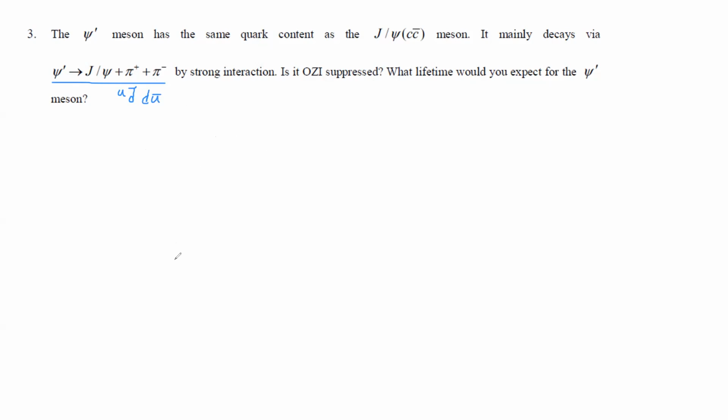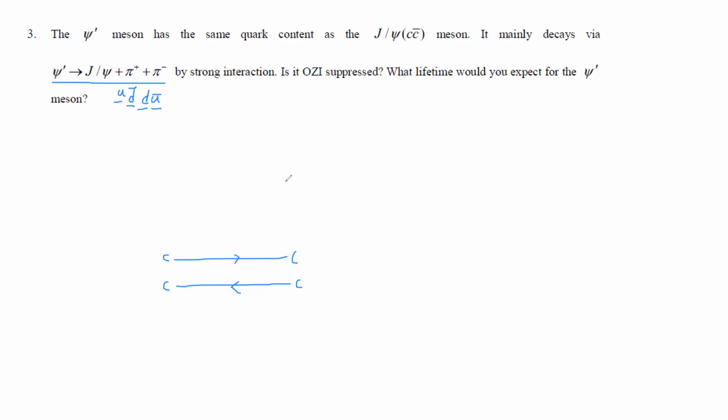So we can first draw the two C quarks. And we can see that there's a U U bar and D D bar in the final state.